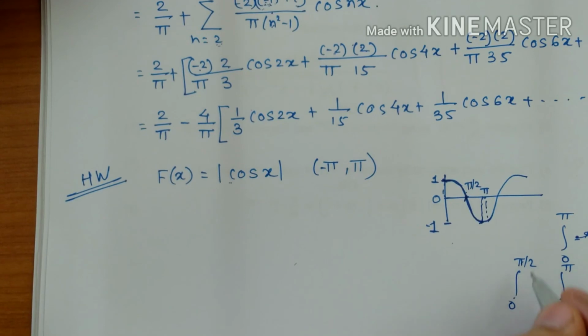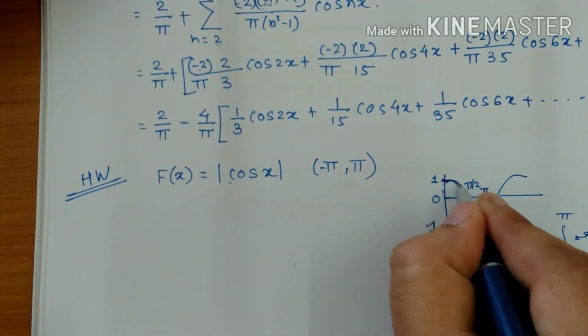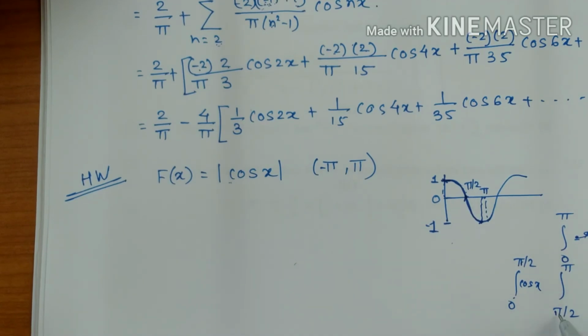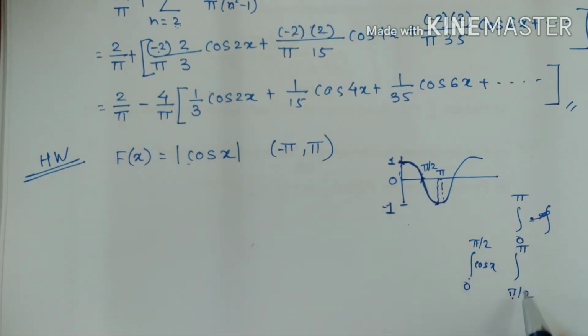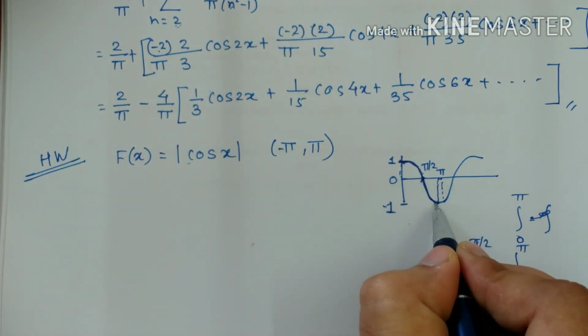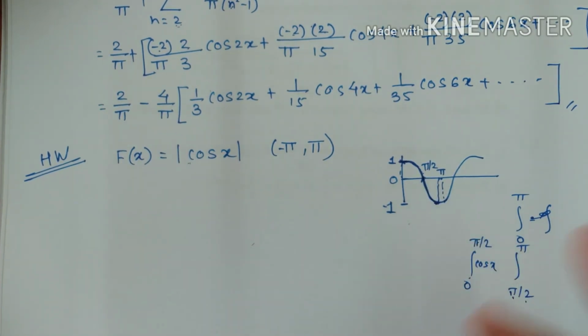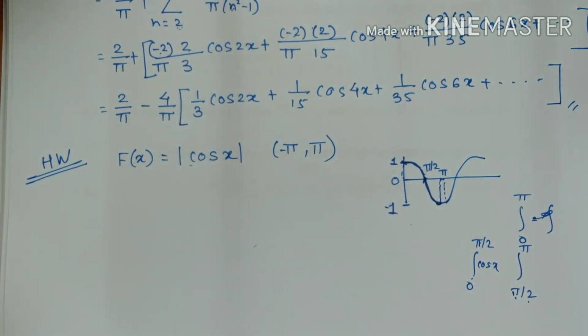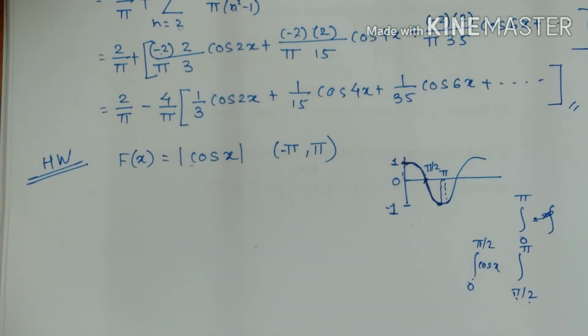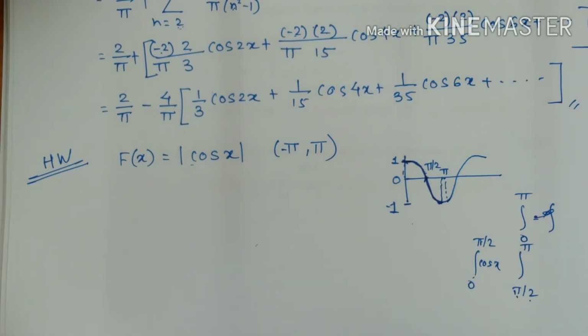In the interval 0 to pi by 2, the value of mod of cos x remains plus because cos x is positive here. But from pi by 2 to pi, you need to think, because in this interval the value of cos is negative. Hence, the value of mod of cos x is what? Can you tell me? Yes, of course. The value of mod of cos x is minus cos x.